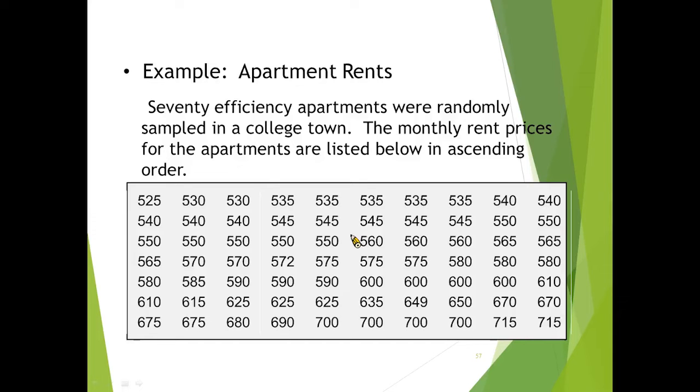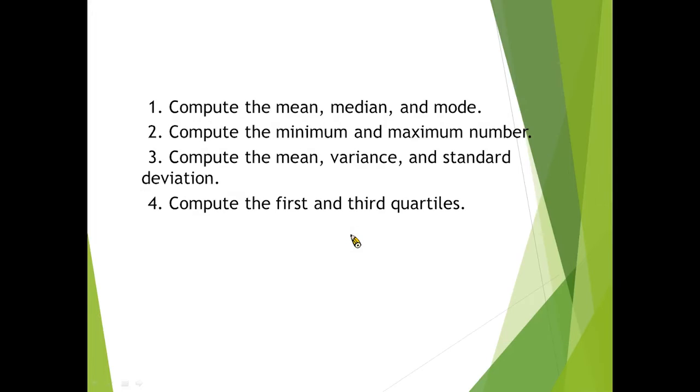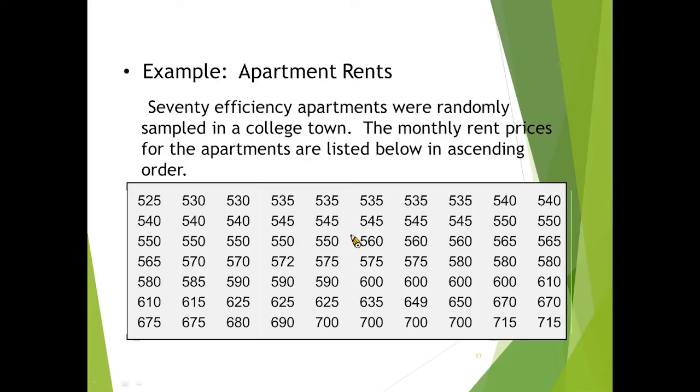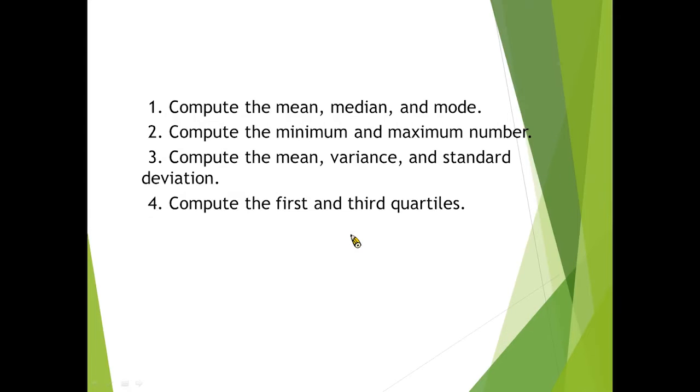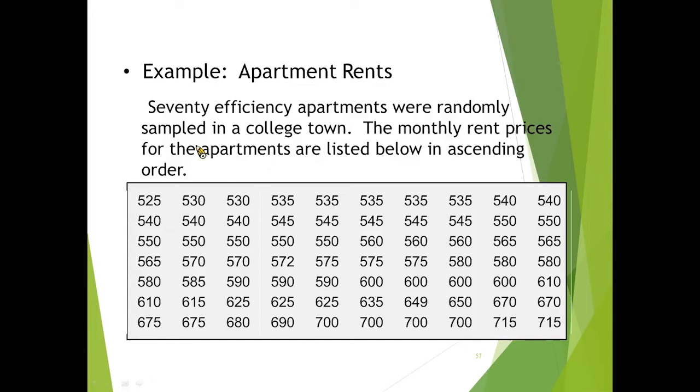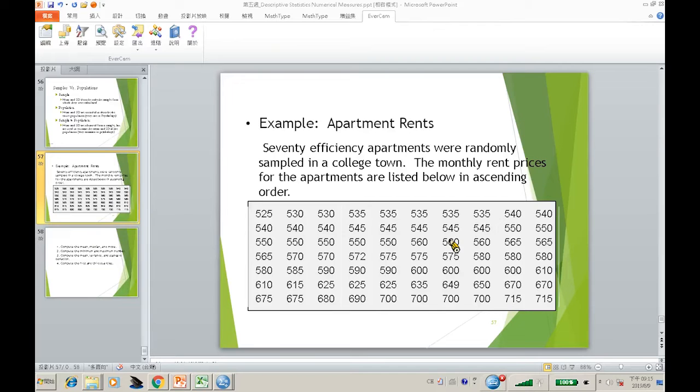Okay, so now we can do the example, and then next we can have the practice. Previously we talked about the mean, median, and mode, and maybe the quartiles. We can do this. So let's continue with this example, the apartment rent. Seventy efficiency apartments were randomly sampled in a college town.